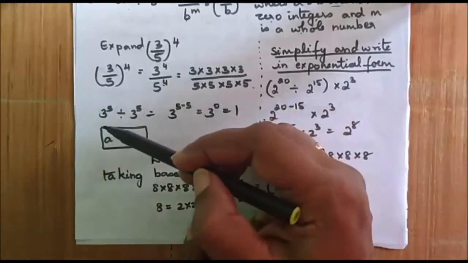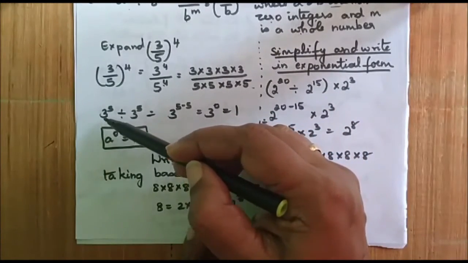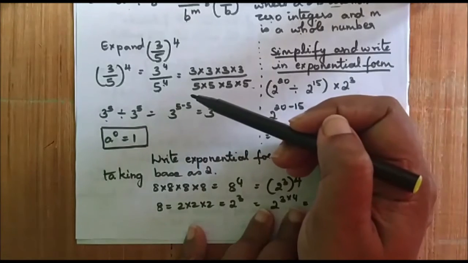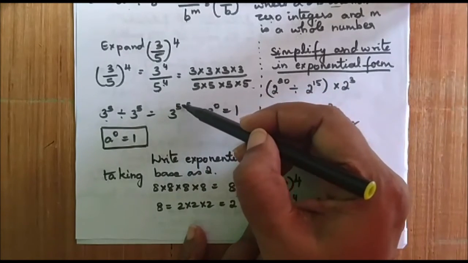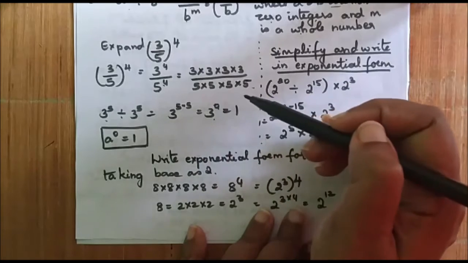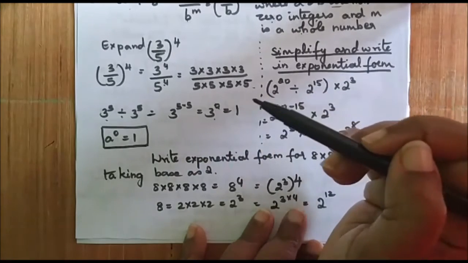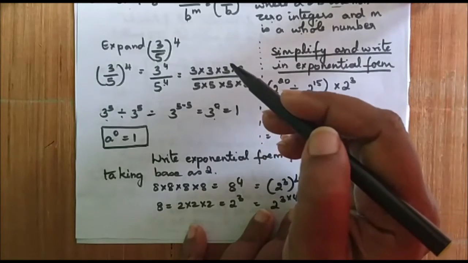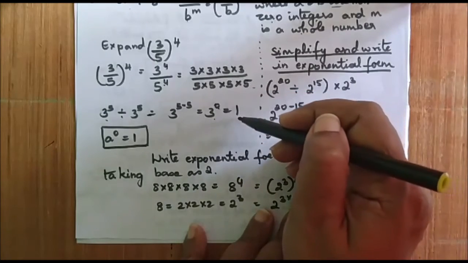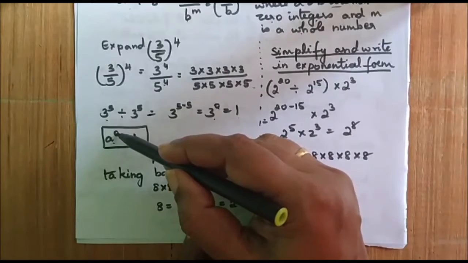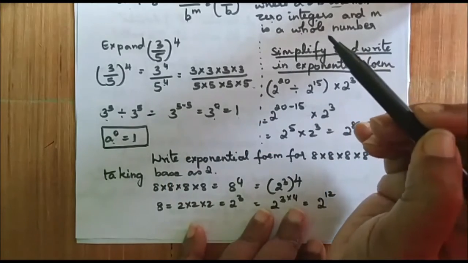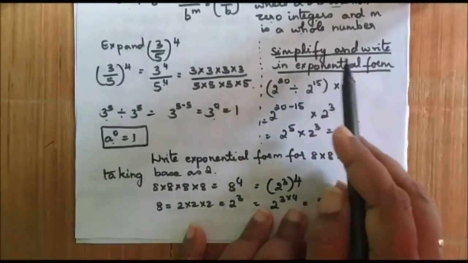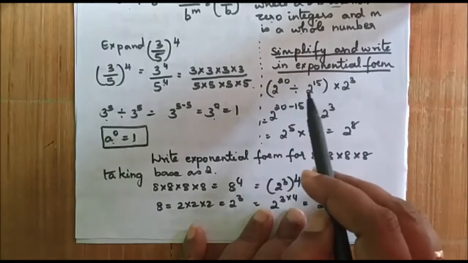Okay. Now, I am given 3 power 5 divided by 3 power 5. So, I subtract 5 minus 5, I get 3 power 0. 3 power 0 is equal to 1. Any number or any base raised to the power 0 is equal to 1. So, a raised to the power 0 is equal to 1.